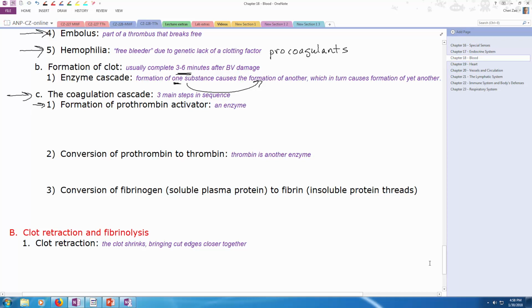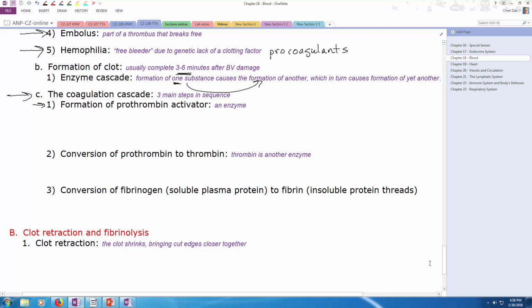Let's take a look at the procoagulants that we need to create prothrombin activator. Can't you see prothrombin activator? We want to create this blockage, which isn't that what a thrombus is too? Kind of, it's a blockage.